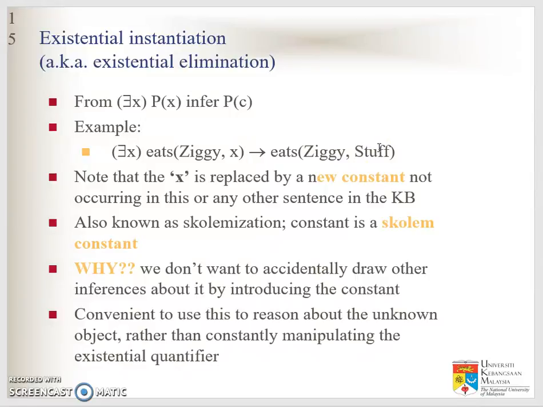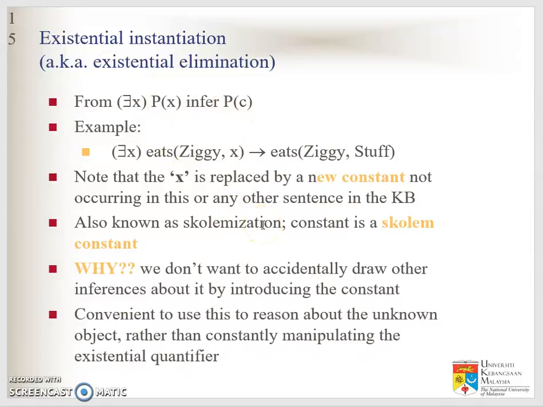So this is also known as Skolemization. A constant that is new is called a Skolem constant. So why do we do this? We don't want to accidentally draw other inferences about it by introducing the constant. So we take off this some x here. So we don't simply add any constant into the things that Ziggy eats in our knowledge base.